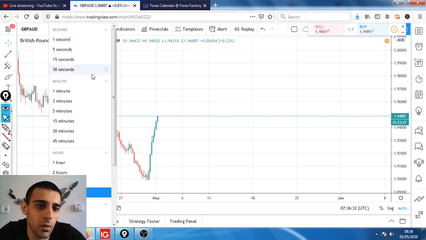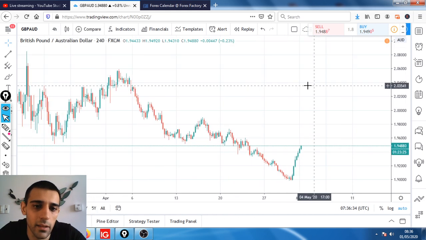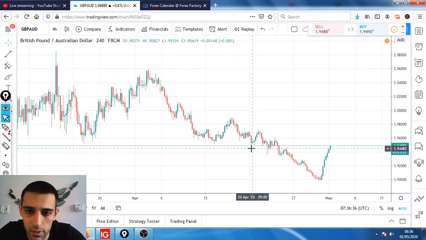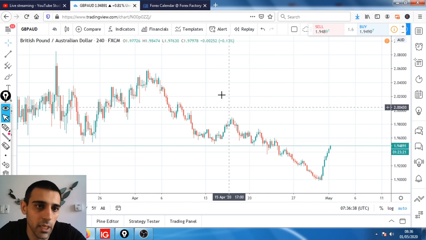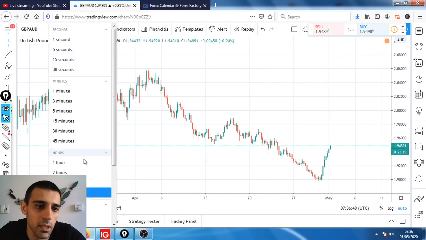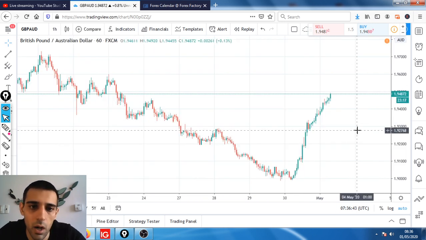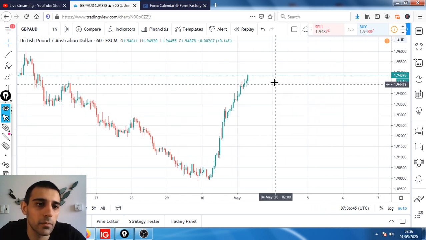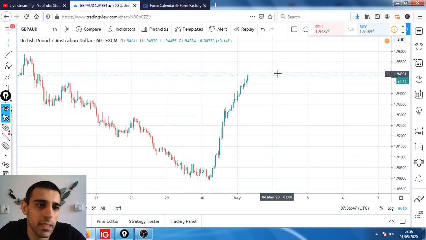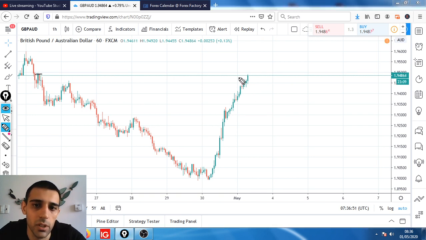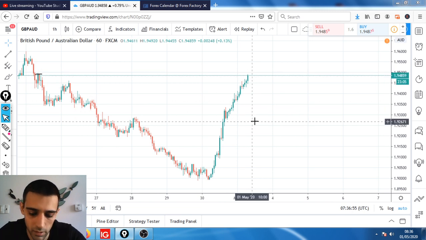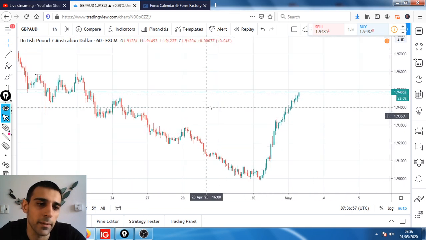Let's go to the 1 hour time frame and see what we have in there, because I don't want to see a bit of a retracement before I jump into the long side. Let's go to the 4 hourly. The price came up to this 1 hourly high, which I don't think is going to create much of a problem because the price is looking very strong towards the upside.